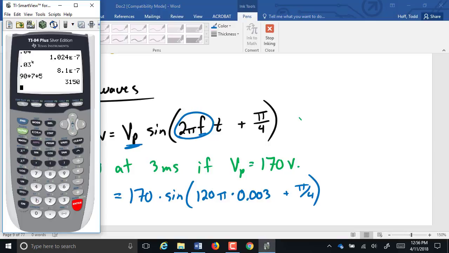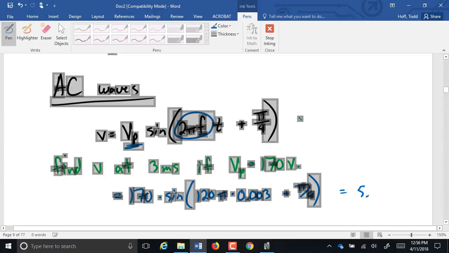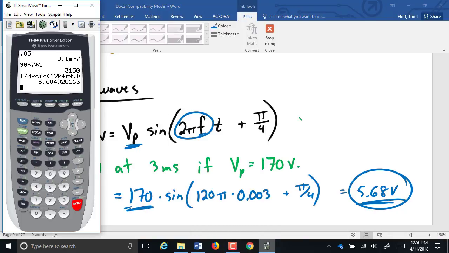So I'm just going to punch that in the calculator. 170 times sine of 120 times pi times 0.003 plus pi divided by 4. 5.68 volts. So we're really close to an equilibrium there. If we started out at 170 volts, at that point we're at 5.68.